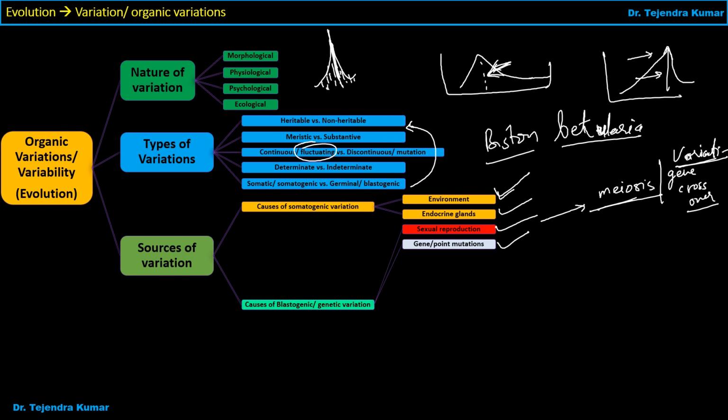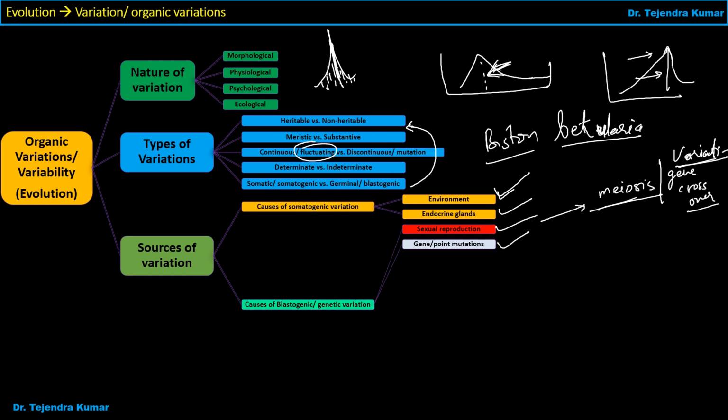If we are talking about the same gene, one is the control or wild type, and there are other recessive types of that same gene. If we see them, then we will find their differences among all of them. So this is called gene mutation or point mutation, and there are lots of types of this one.